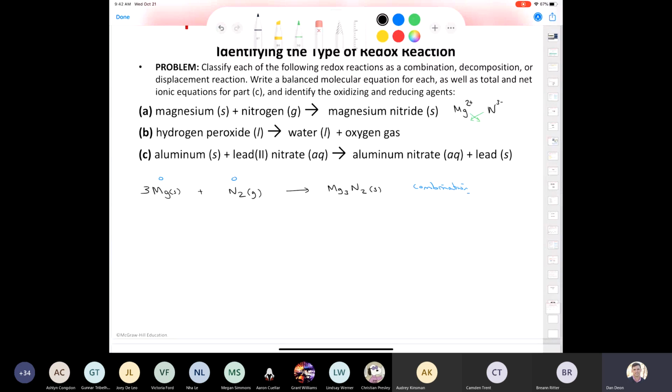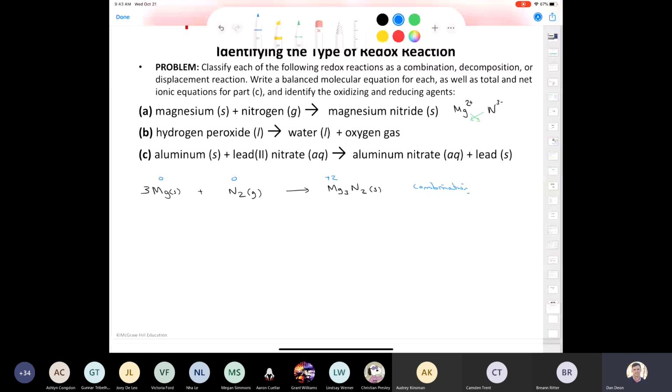Now, if we look at the magnesium nitride, this ionic compound, which is composed of a metal, magnesium, and a non-metal, nitrogen, what's the oxidation number of the magnesium? Well, magnesium is in group 2A, so it's got an oxidation number of +2. What's the oxidation number of the nitrogen?